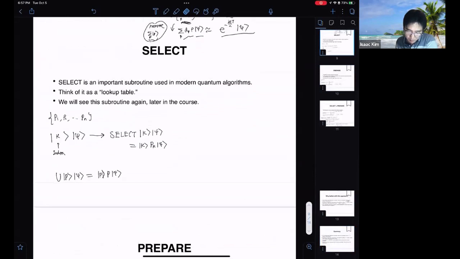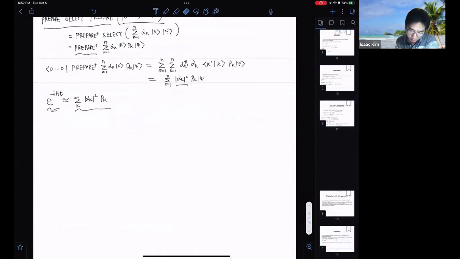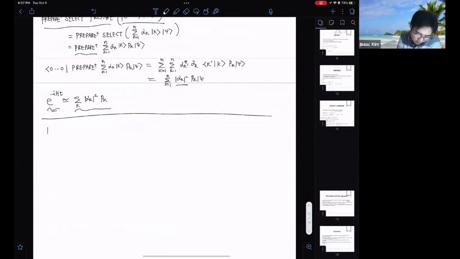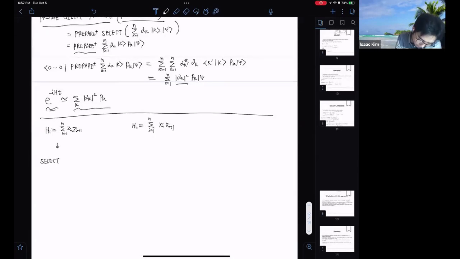So maybe it'd be good to have an example. Let's say I have two Hamiltonians. These are essentially the same Hamiltonians, but I think it's good to talk about how the select and prepare will look. So in this case, the select will look like this.